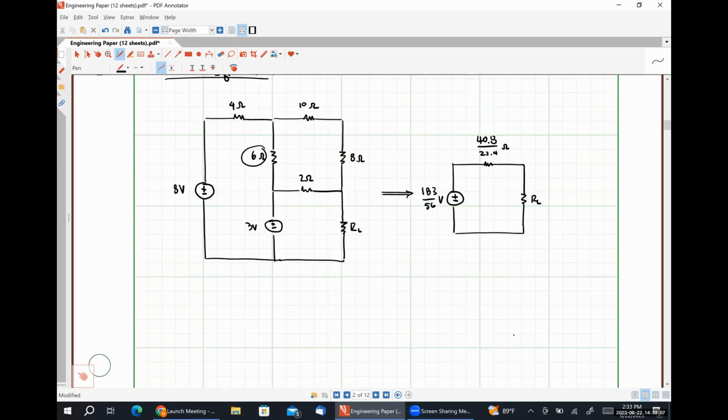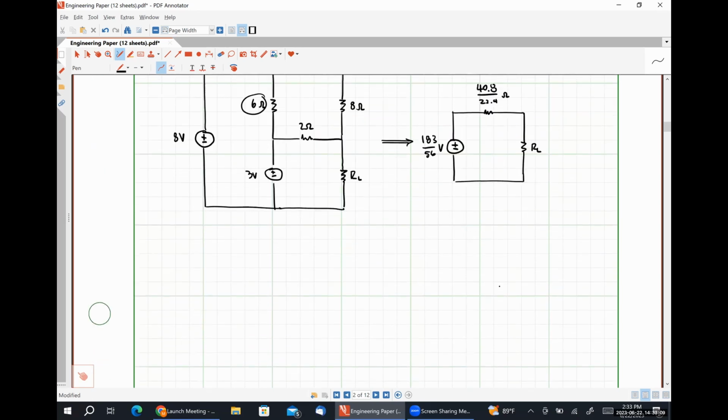All right, so let's talk about Norton's theorem. So Norton's theorem is effectively the exact same thing as Thevenin's theorem, except that we're going to wind up with a practical current source representation of our circuit instead of a practical voltage source.